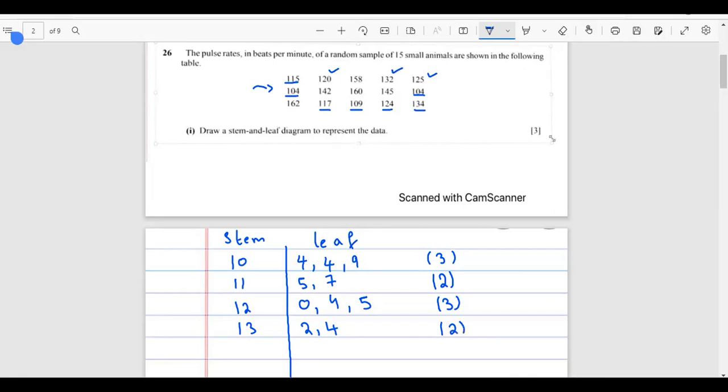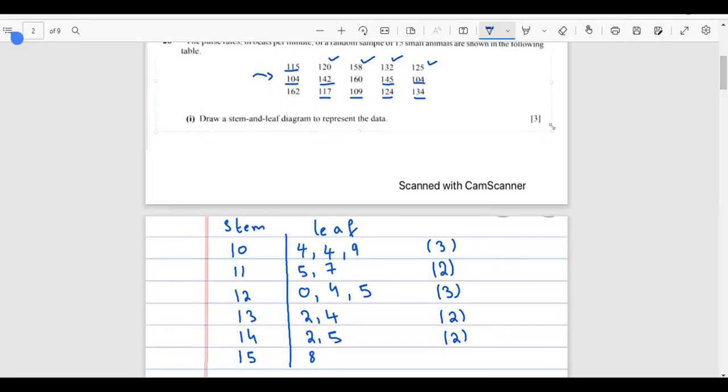Then we have 14. So we have 145 and we have 142. So it would be 2, 5. It's 2. Then I'll write down 15. And then we have 158 only. So 8 would come. 1. And this is 1.